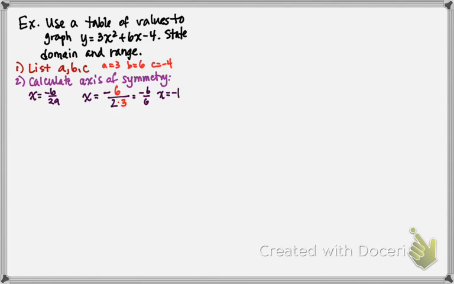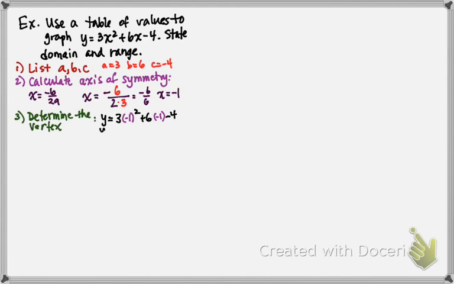Okay, next we're going to determine the vertex. And we've done that half of it. So we're going to have y equals 3 times negative 1 squared, plus 6 times negative 1, minus 4.